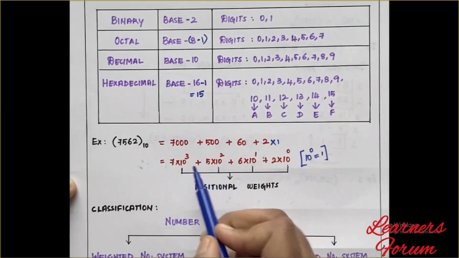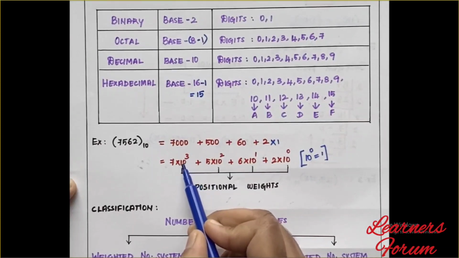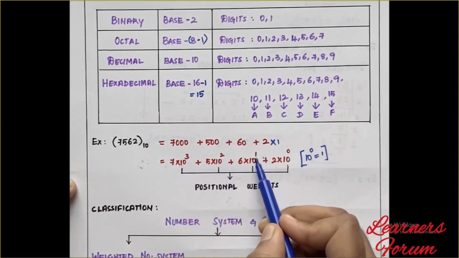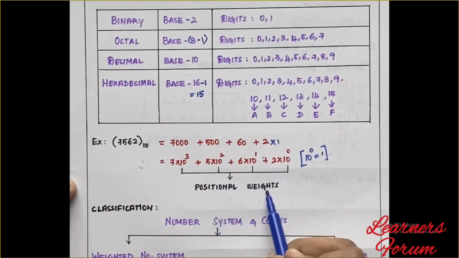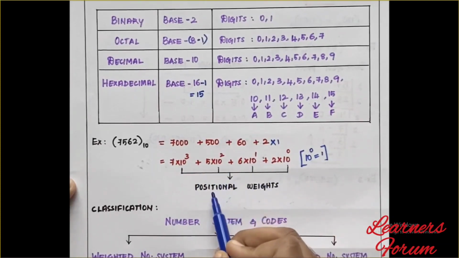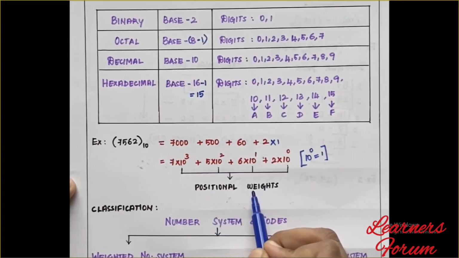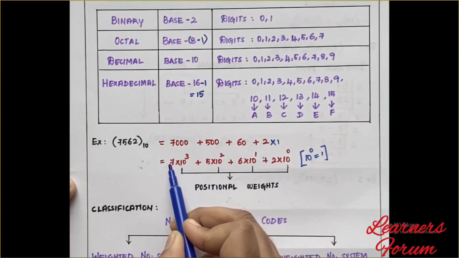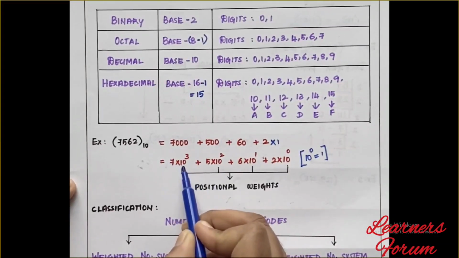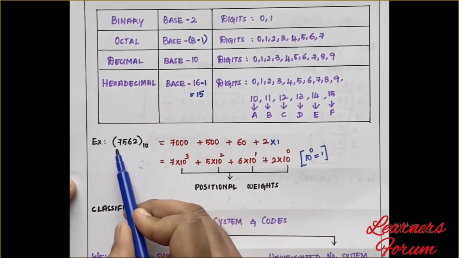So these values of 10 power 3, 10 power 2, 10 power 1 and 10 power 0 are called positional weights, because by applying these weights to the particular positions we get the value of 7562. So these are the positional weights and the digits of 7562 are the coefficients.